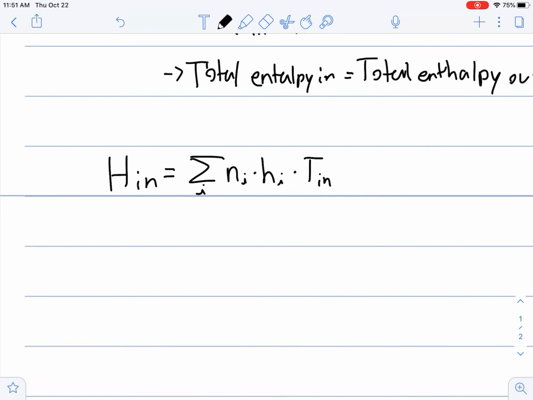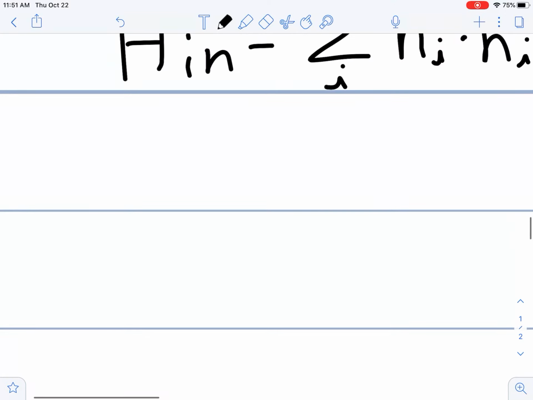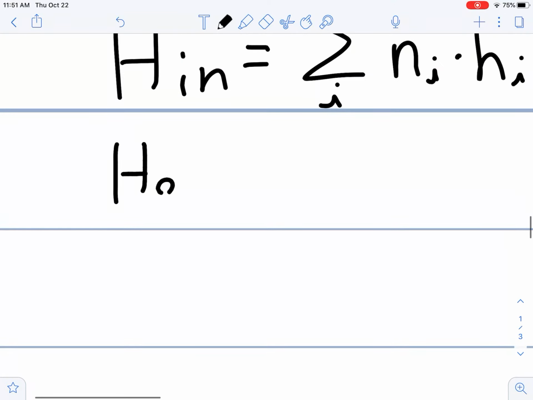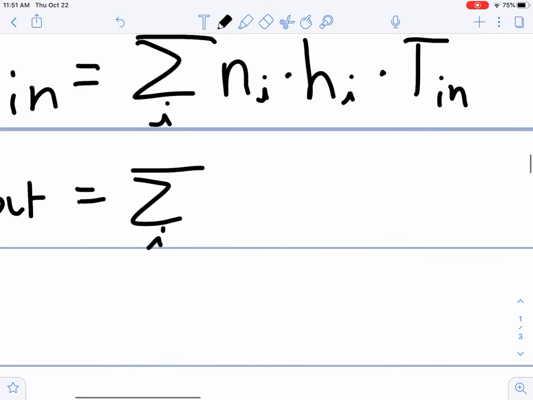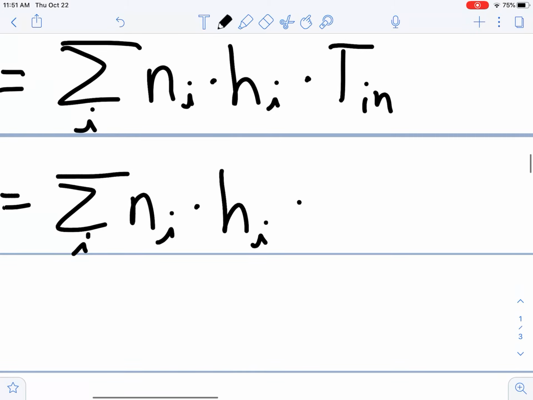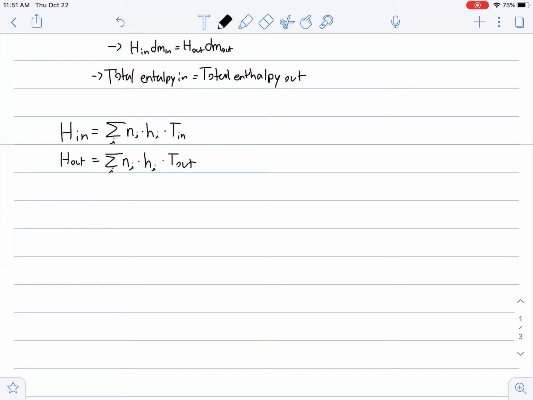And we can do the same thing for the enthalpy out. So we can say H out is going to equal sum I, just like before, times Ni, the total number of moles going out, times the enthalpies of each, times the temperature out, just like that.